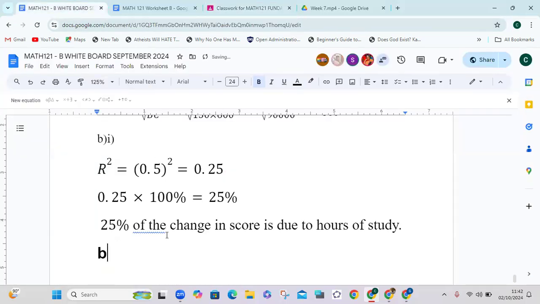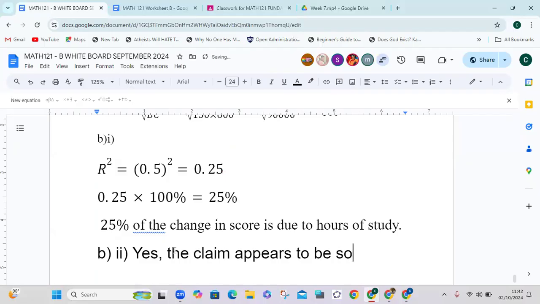So for B part 2, we can say, well, yes, the claim appears to be somewhat true. You can use the word somewhat because it's not so definite.